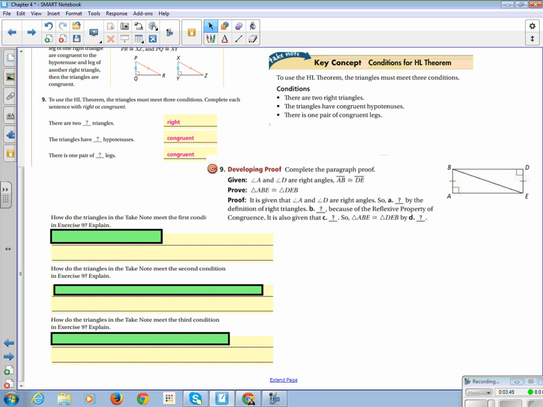If angle A and angle D are right angles, then the measure of angle A and the measure of angle D are 90 degrees by the definition of right angles. So if you say something's a right angle, the next thing you usually do is say that it equals 90 degrees.